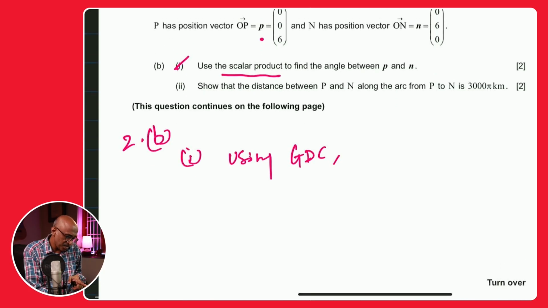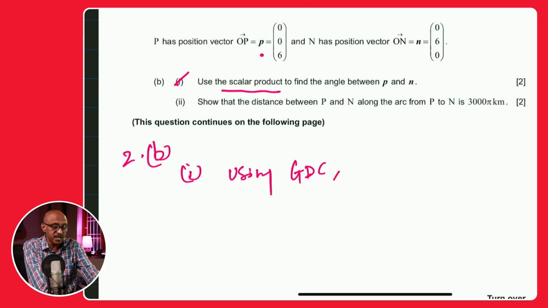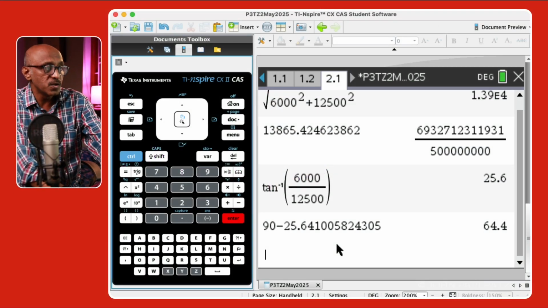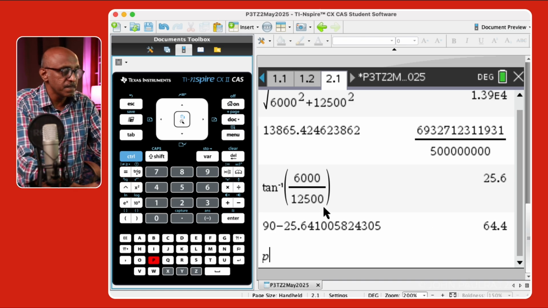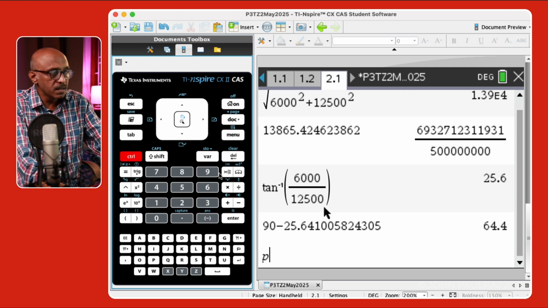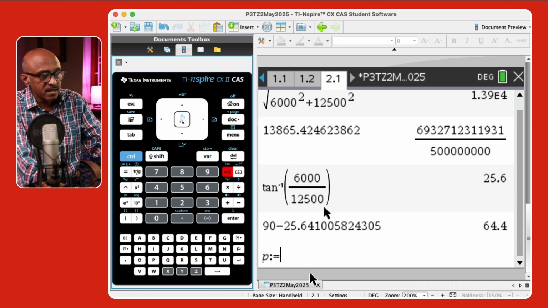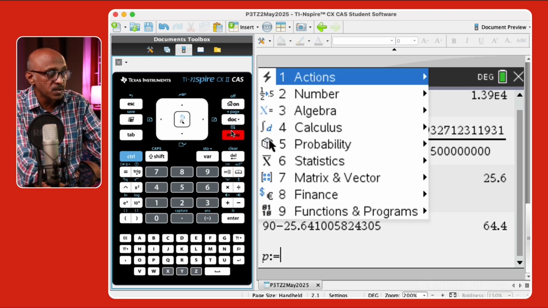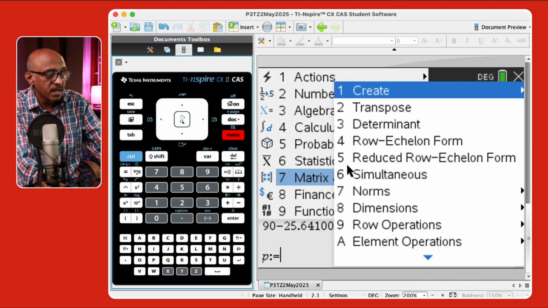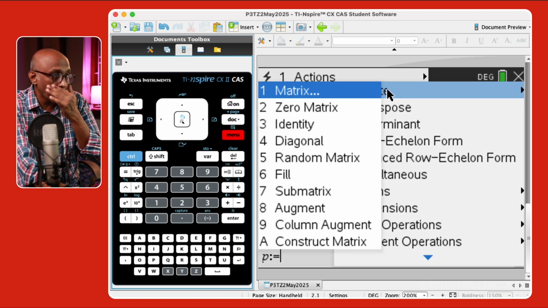We want to find the angle between P and N, right? So we'll just first define that. Let me show you. So we go to the calculator, and let's just define these 2 vectors first. Okay, so it's P and N, right? So what I mean by define is P and the symbol to the right of 9. Okay, colon and equal to define anything, and we just go here on menu and vector and create a vector, and we want, what is it?